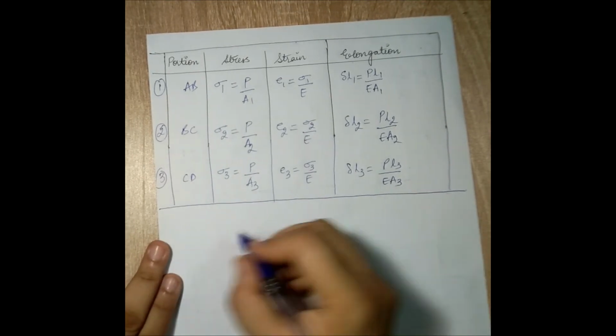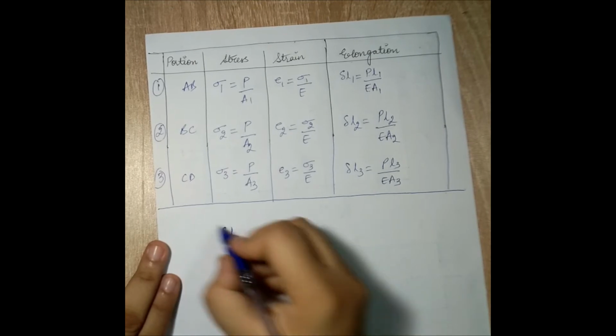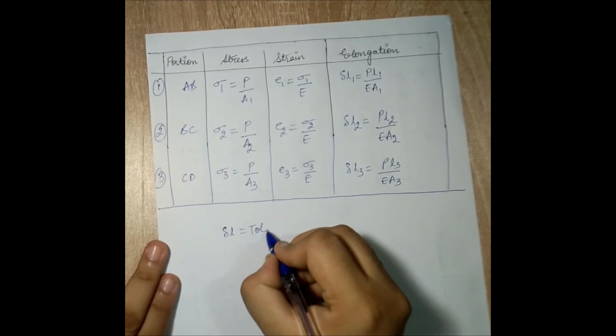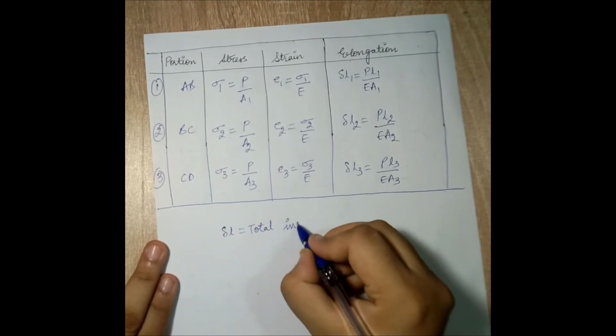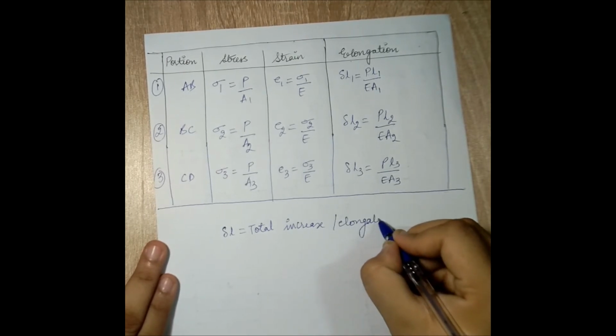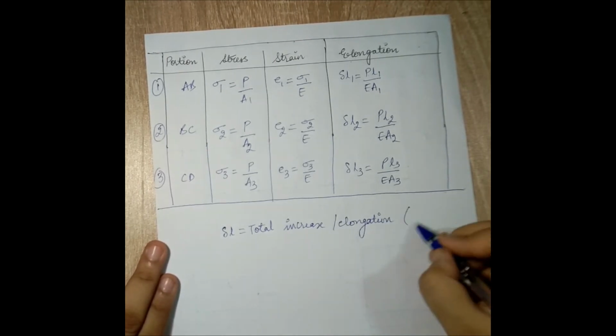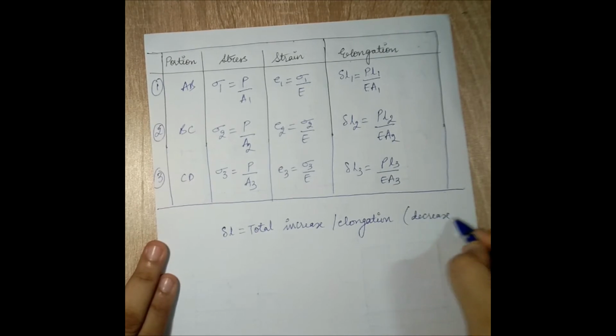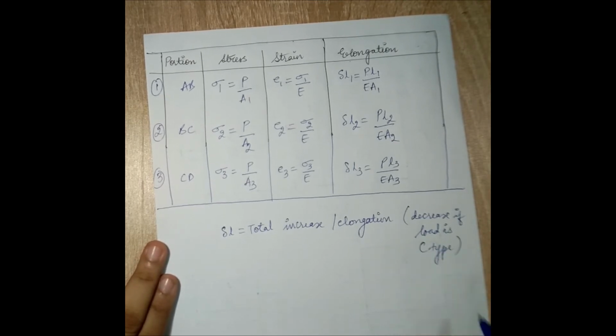Now the last thing which I need to calculate is delta L, which is the total increase or elongation, as I would call it. Now this can also be a decrease if the load is compressive type. Currently this is of tensile type of load, so I have taken total increase.